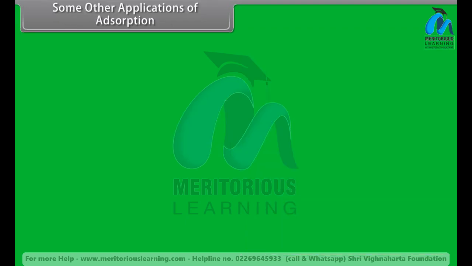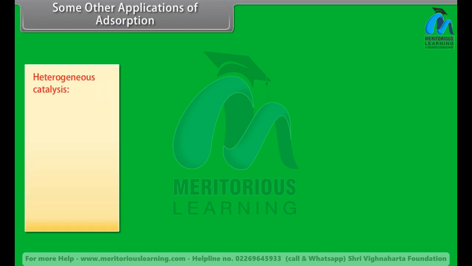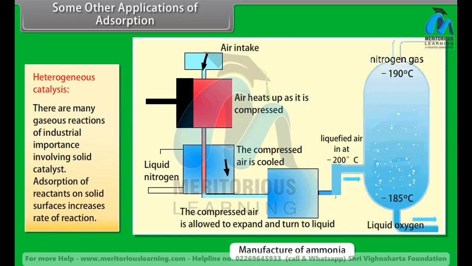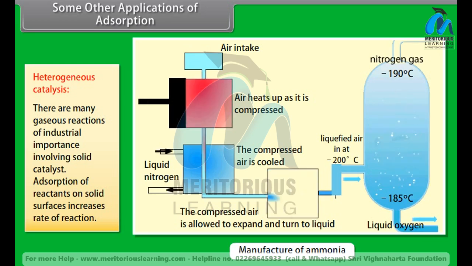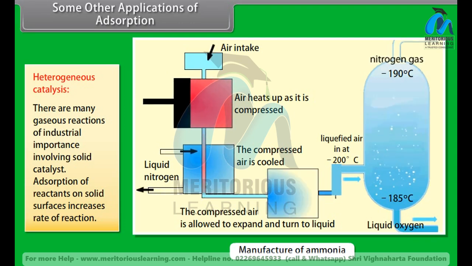Some other applications of adsorption. Heterogeneous catalysis. There are many gaseous reactions of industrial importance involving a solid catalyst. Adsorption of reactants on solid surfaces increases the rate of reaction. For example, manufacture of ammonia, sulfuric acid, and hydrogenation of oils.